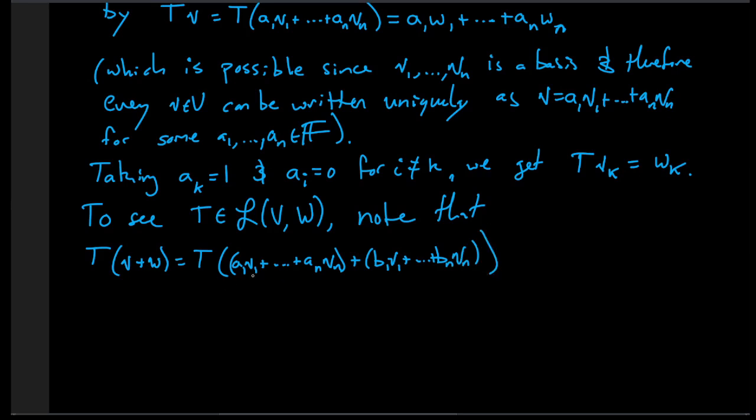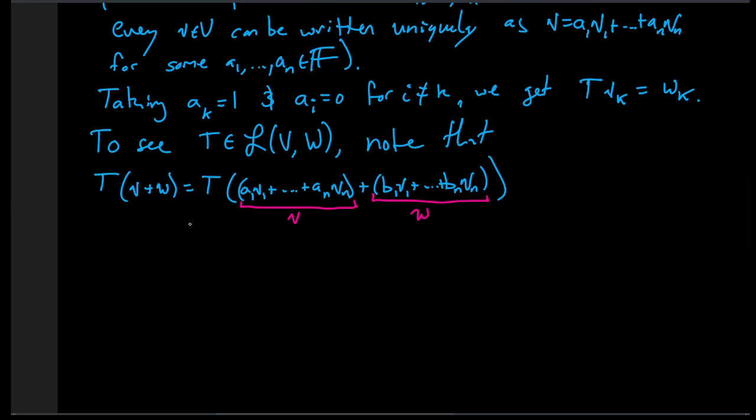I'll put this in a different color. This part is little v, and this part is little w, for some field elements A1 through AN and B1 through BN. They are unique for each choice of V and W.